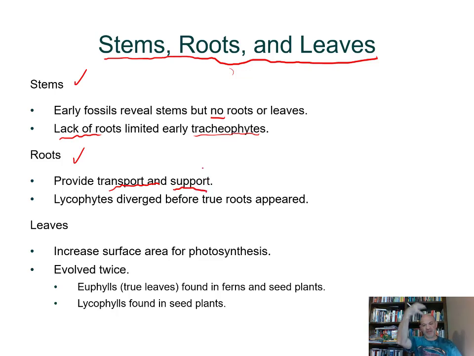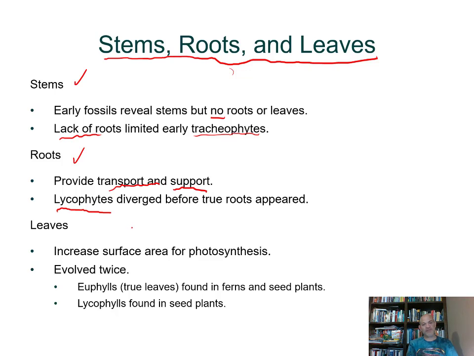So now you can get even bigger above the ground. And it turns out that the roots that evolved in any other vascular plant besides the club mosses, the Lycophyta, which I mentioned just a while ago, the Lycophyta diverged early on the evolutionary tree before the roots had evolved.